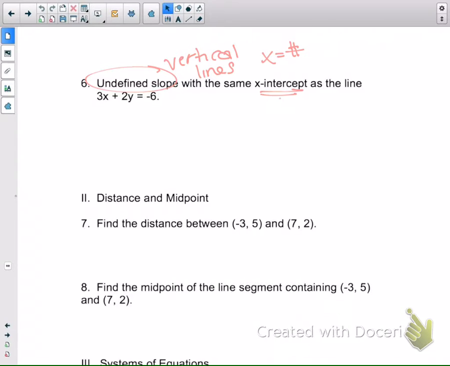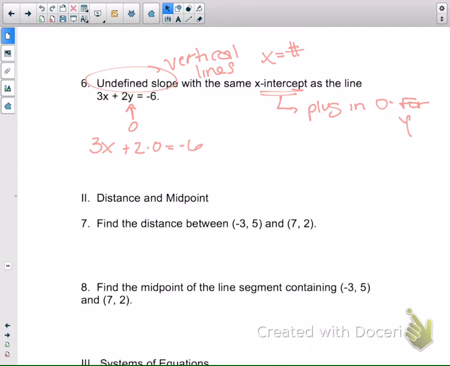Okay? X-intercepts. Anyone remember how to find those? The easiest way. Plug in 0 for what? For y. Yes. The one that you're not trying to find. You want to be able to solve for x, so you don't want to be plugging in anything for x. So if I take this equation and I take out this y right here and I plug in 0, that's going to give me 3x plus 2 times 0 equals negative 6.